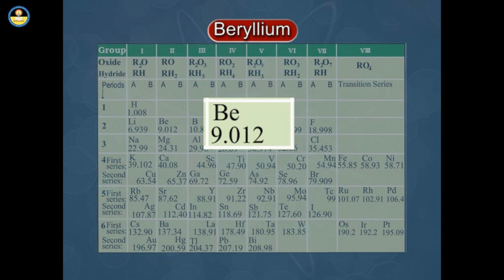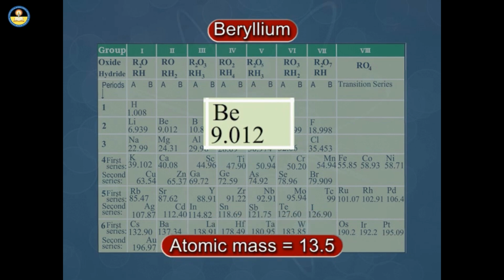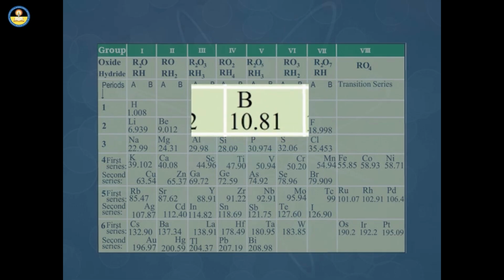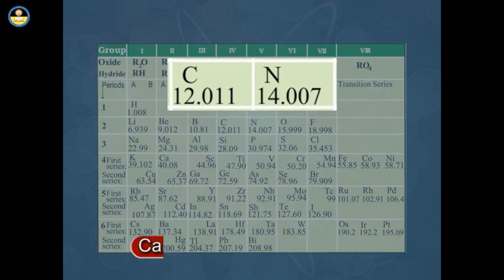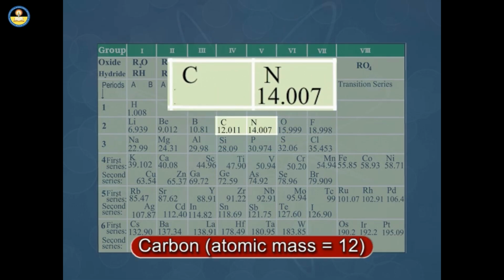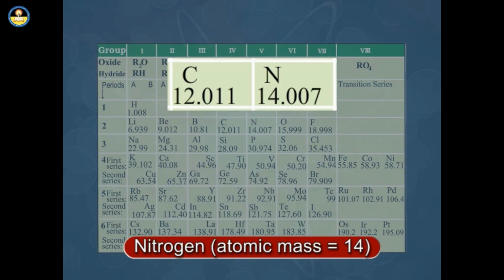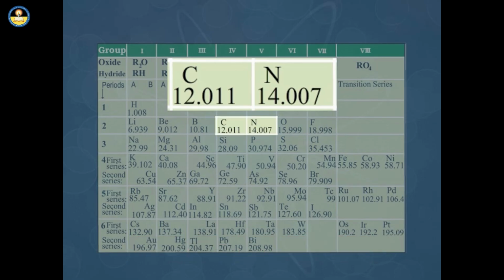If beryllium has an atomic mass of 13.5, it should have been placed between carbon having atomic mass 12 and nitrogen having atomic mass 14. But no vacant place was available between carbon and nitrogen.